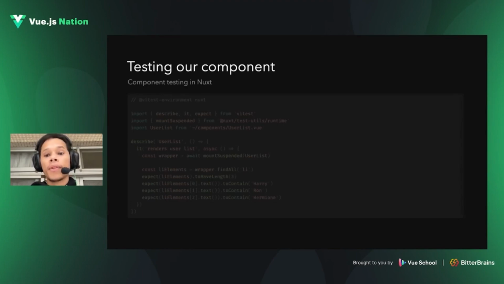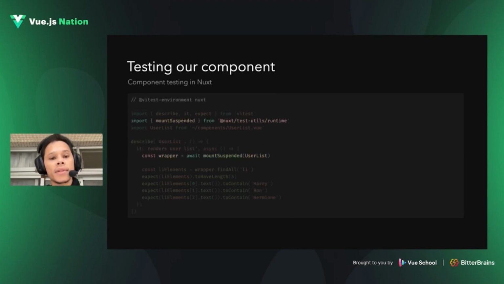Testing our component with Nuxt, here's the anatomy of a test. So first we have the imports, obviously. Then we have the test case. This is the UserList component, and we have a single test. We test that it renders a user list.